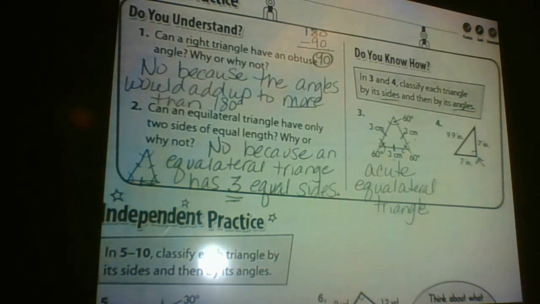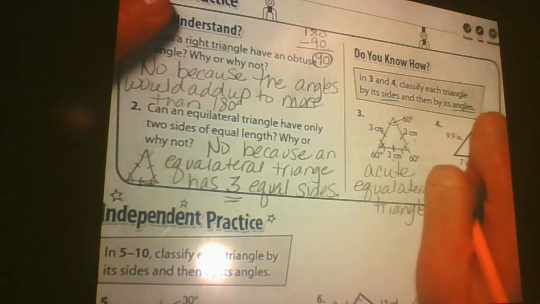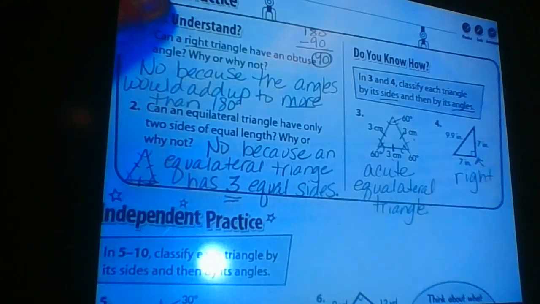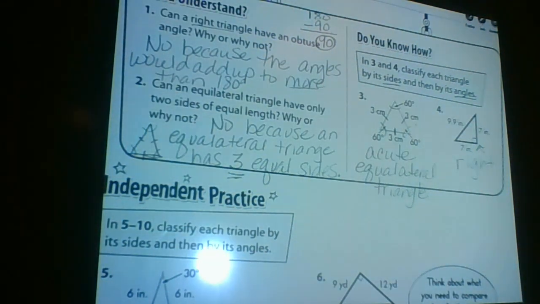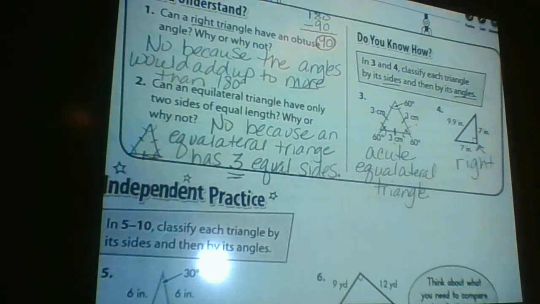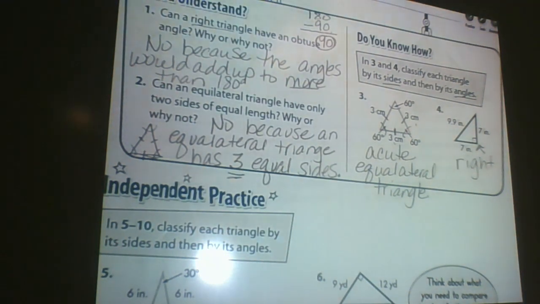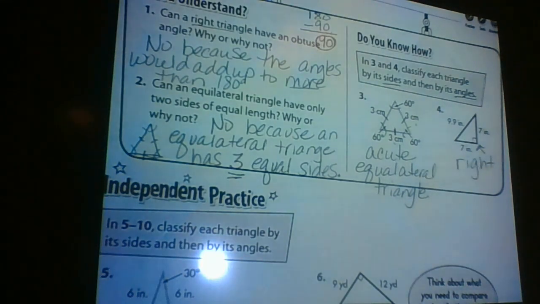So the right triangle is always depicted with that square in its corner. So I already know by angles I have a right triangle, okay? But now I need to look at the sides. And the sides, they're either scalene, which has no equal sides, isosceles, which has two equal or congruent sides, or equilateral, which has three congruent sides.